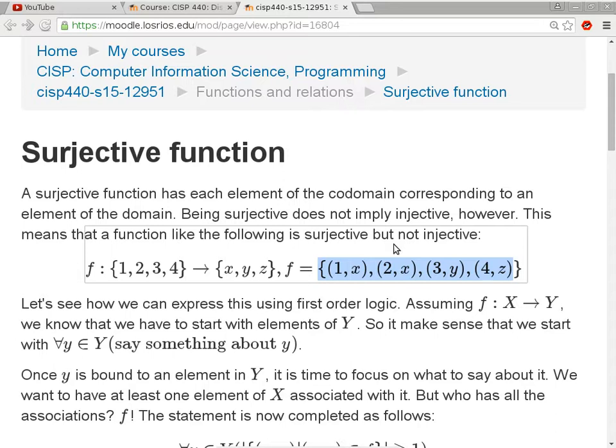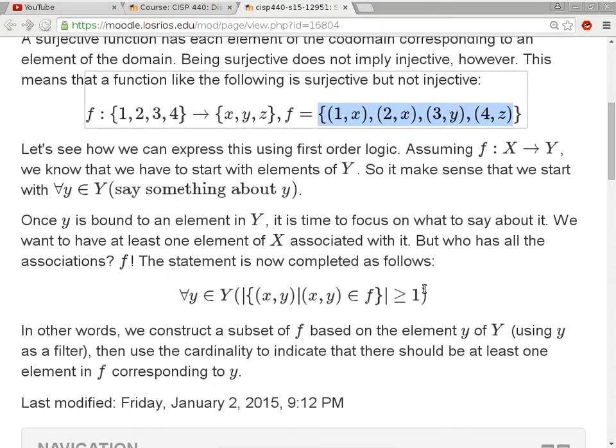Are there any other questions about what is required for a function to be surjective? No questions? All right. Next, mathematically speaking, how do you know a function is surjective?